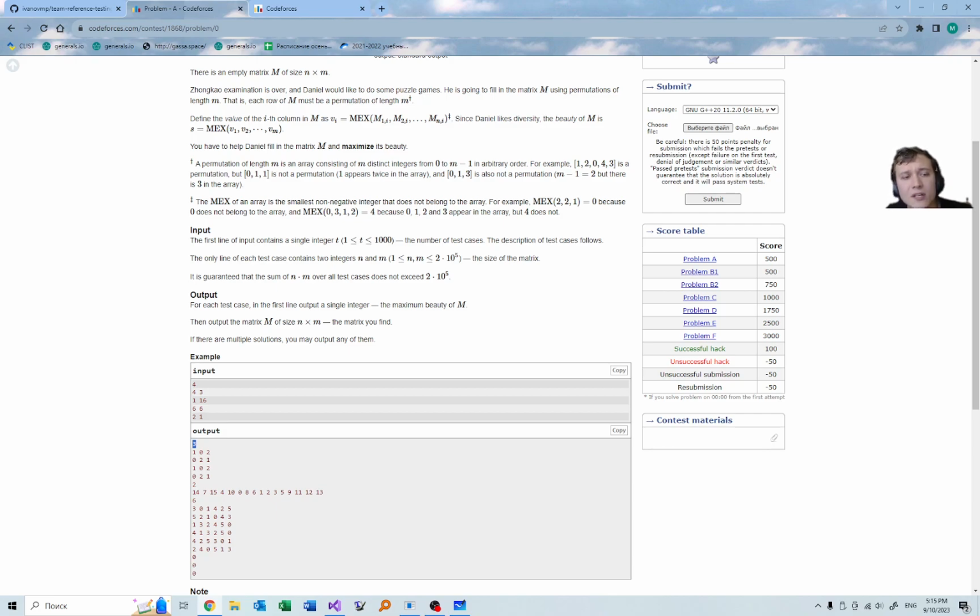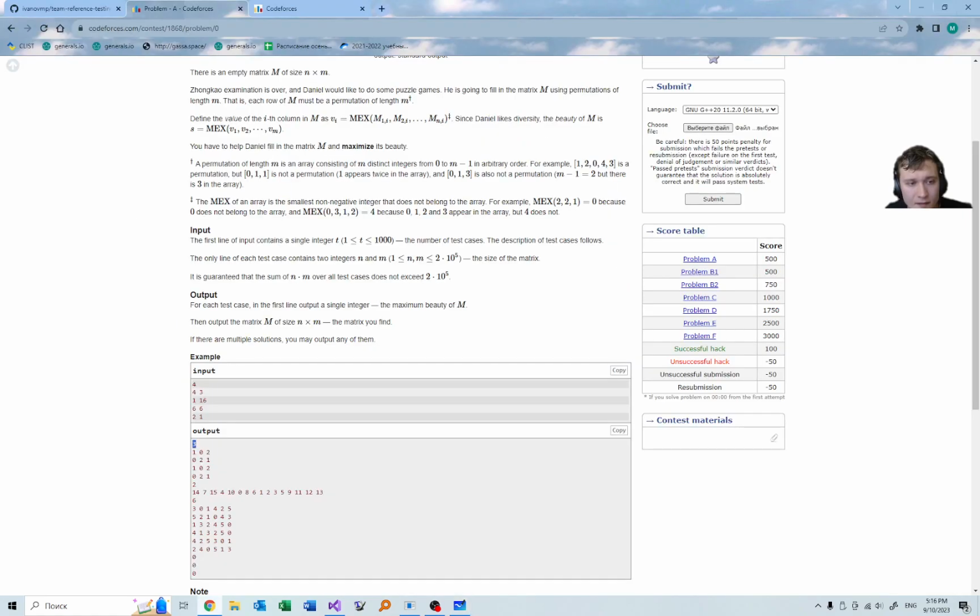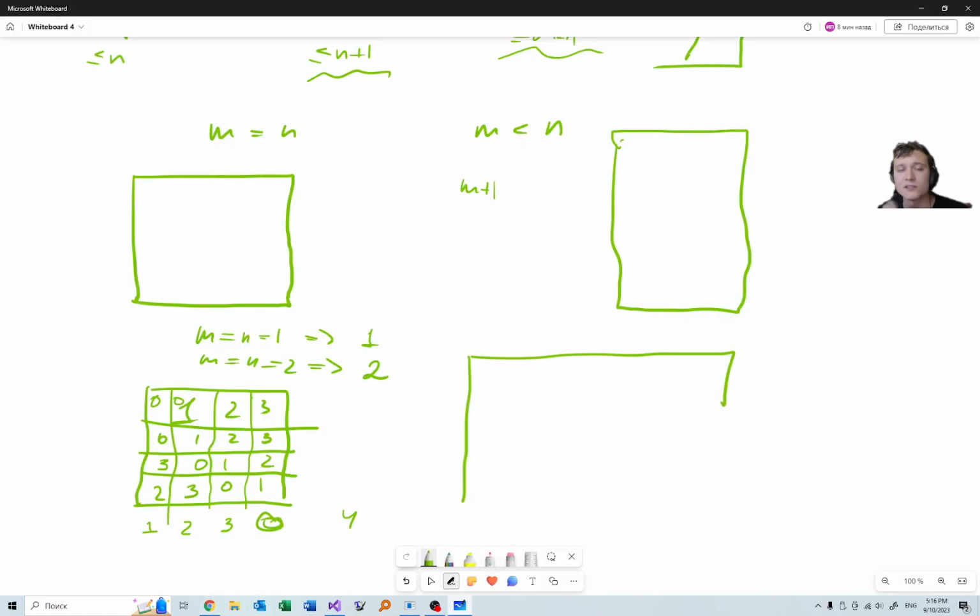Always if m equals 1, it is 0. So it's tricky. So can I actually make answer m plus 1 here? I don't think so.